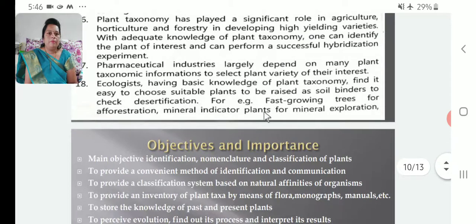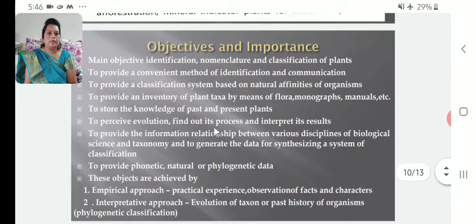Next are the objectives of plant taxonomy.